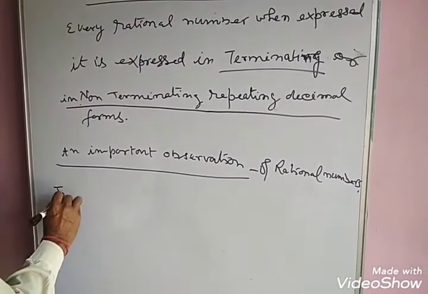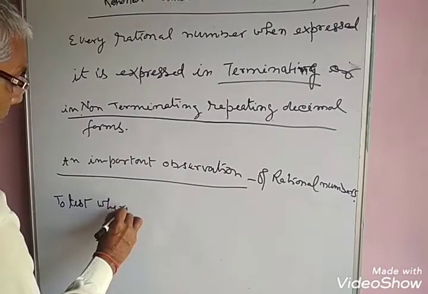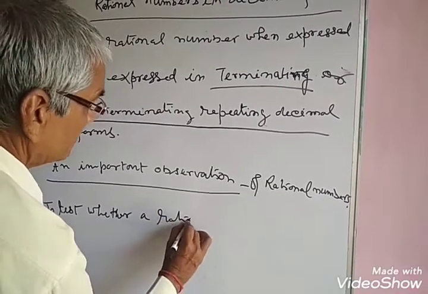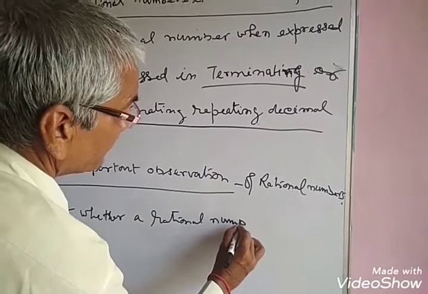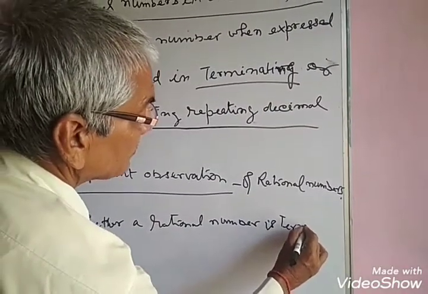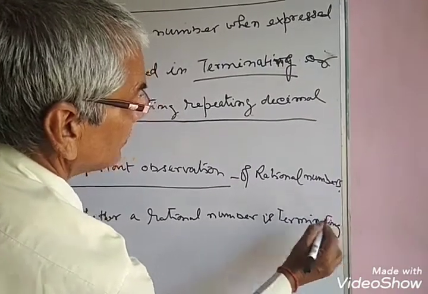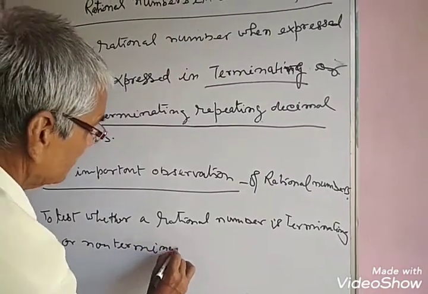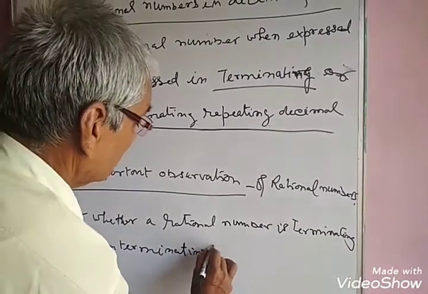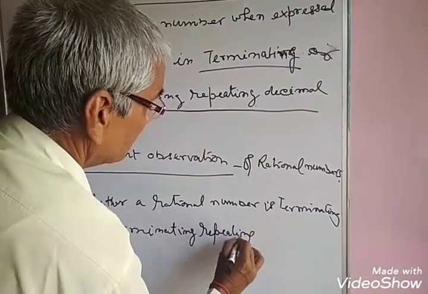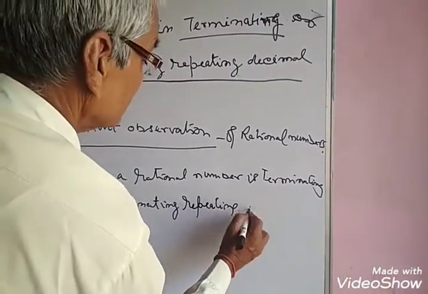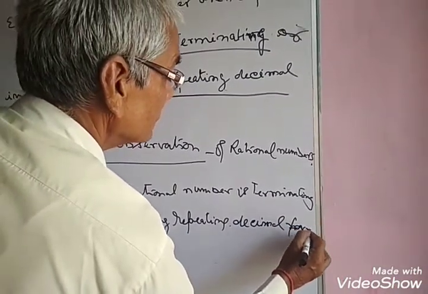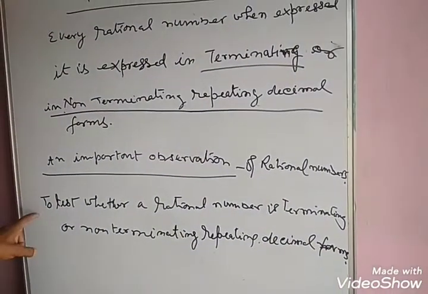So to test whether a rational number is terminating or non-terminating repeating decimal form, how can you test?